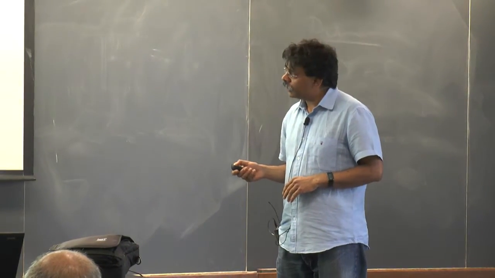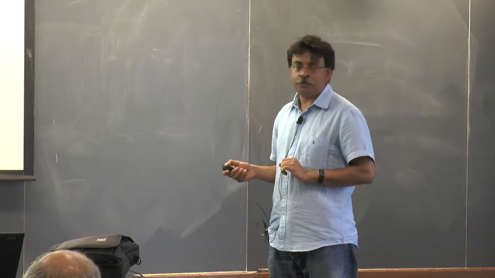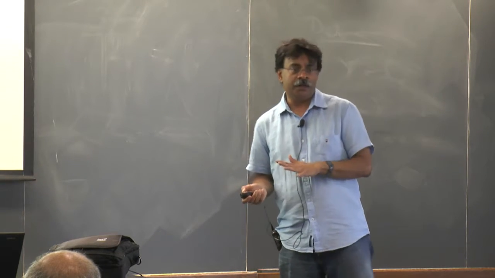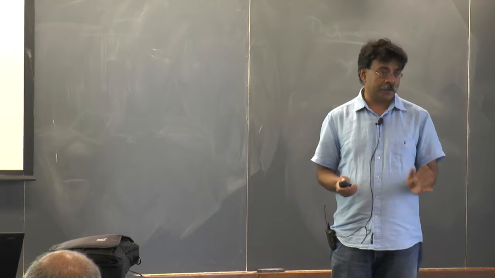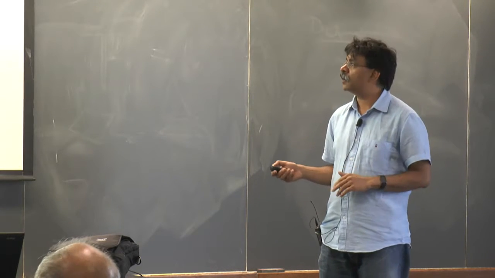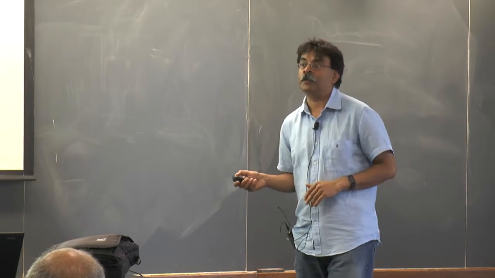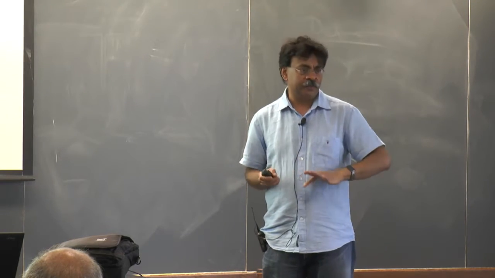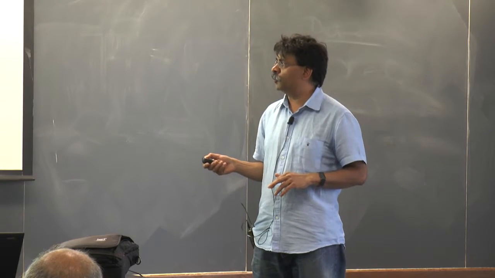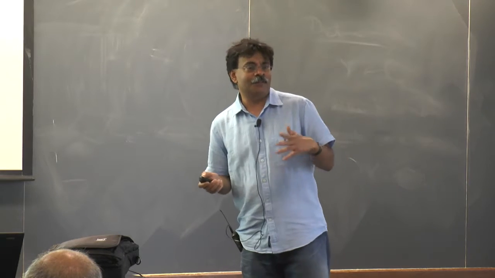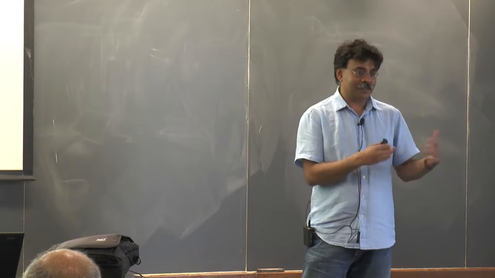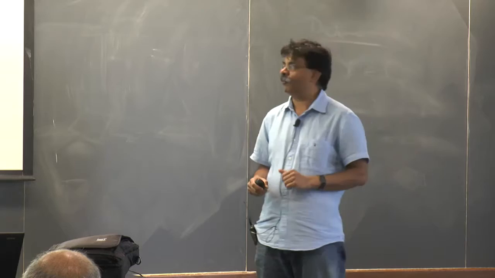I should be able to convey to you the results that are available, and hopefully the results themselves are surprising, and then depending on time I might tell you a little bit about the proofs that are used to prove these things. Just a little bit of flavor of the proofs, just enough to convince you that it is not completely obvious, the theorems, and some work needs to be done.